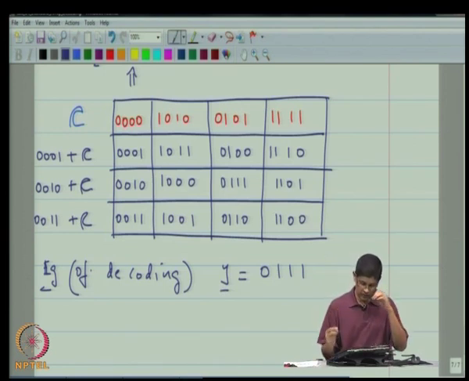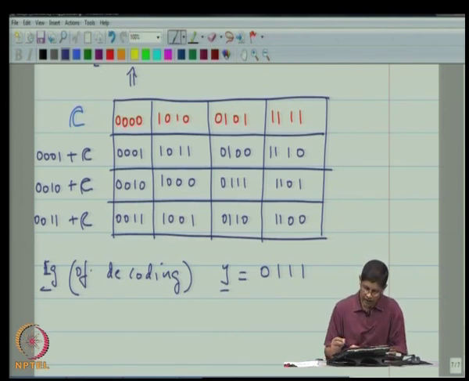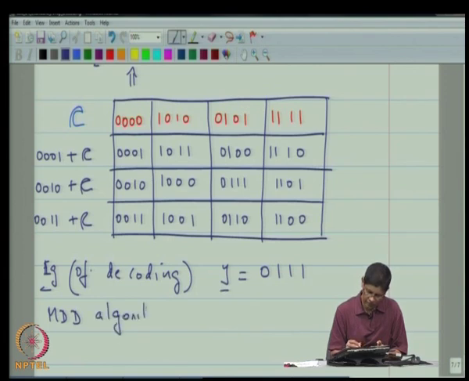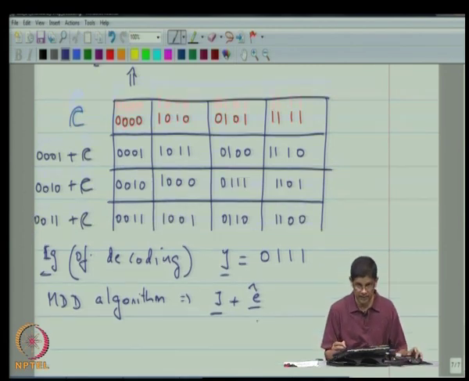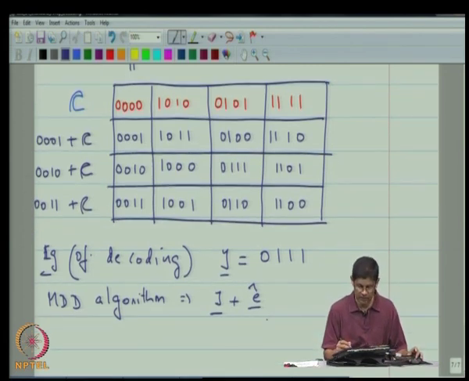The decoder says, look, I am interested in finding, my algorithm, at least our formulation of the minimum distance decoding algorithm, is to take y and then add e hat, where e hat is the vector of least Hamming weight within the coset to which y belongs.